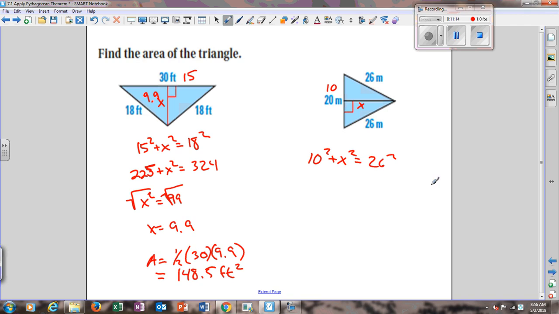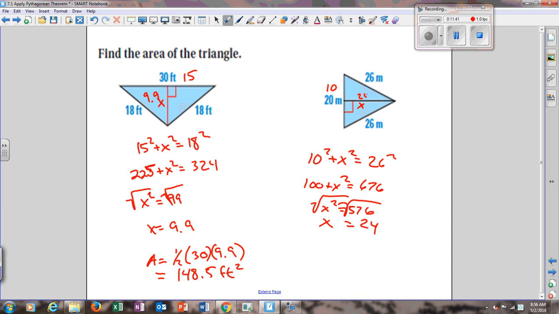Ten squared is 100. That gives you 100 plus x squared equals 676. Subtract 100, you get x squared equals 576. Square root of both sides. You get x equals 24.